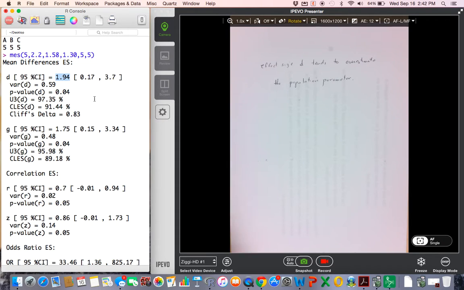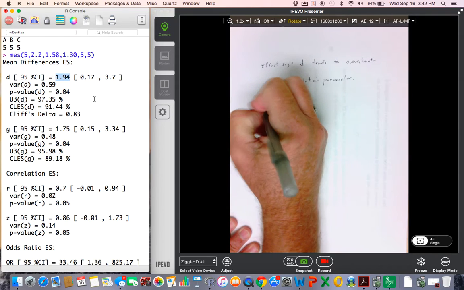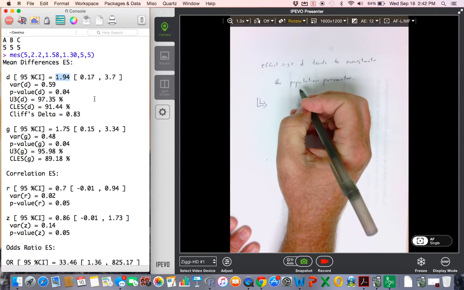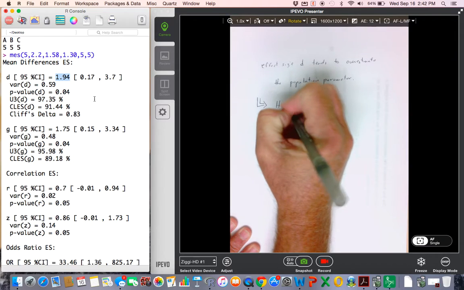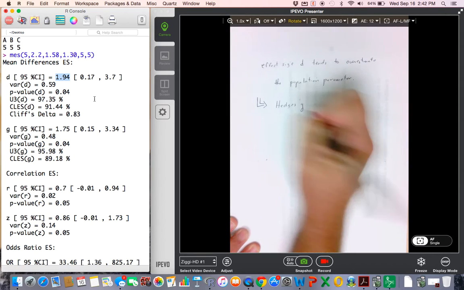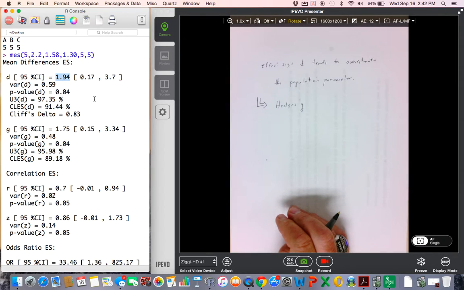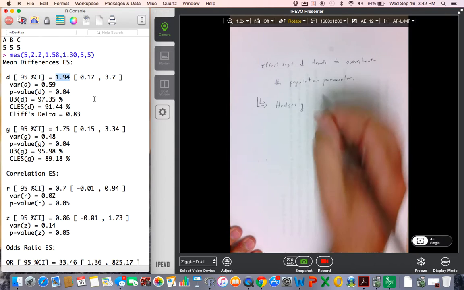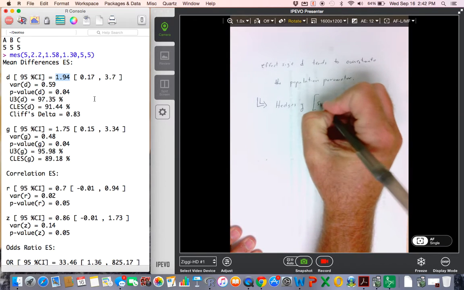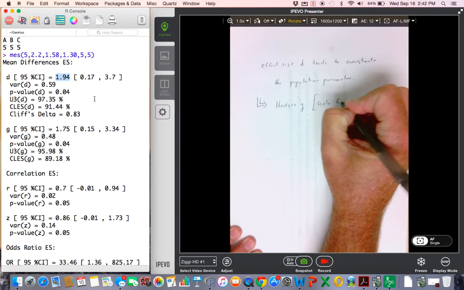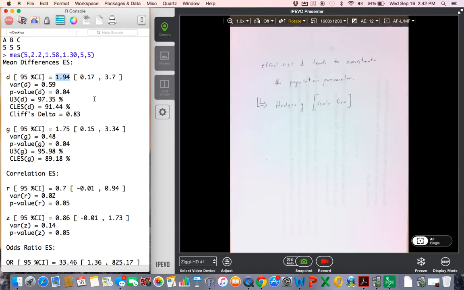And what some people recommend is reporting what's called Hedges' G to control for this. Now, just as with Cohen's D, this thing is scale-free. It doesn't matter whether you're looking at minutes or hours or pounds or whatever it may be. It's scale-free. Think of it kind of like a z-score.